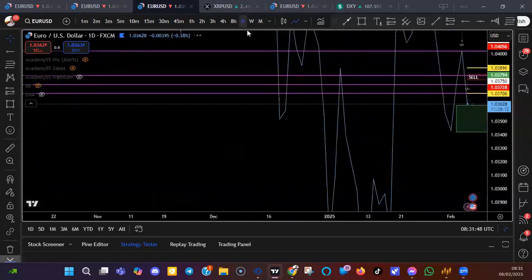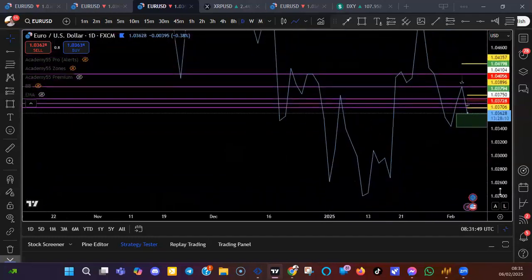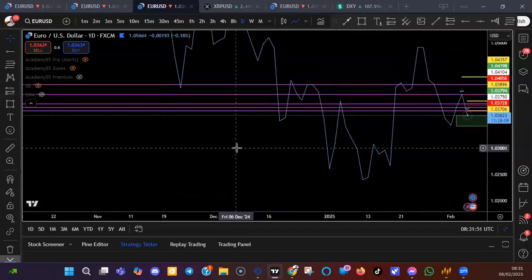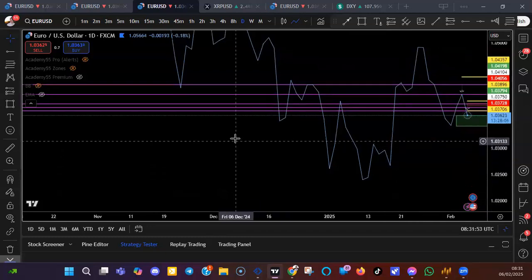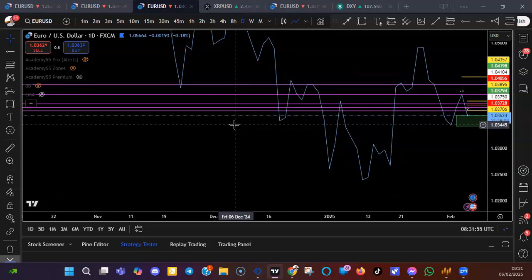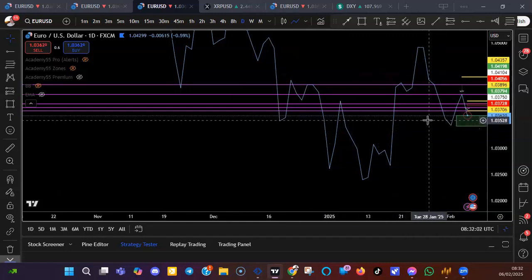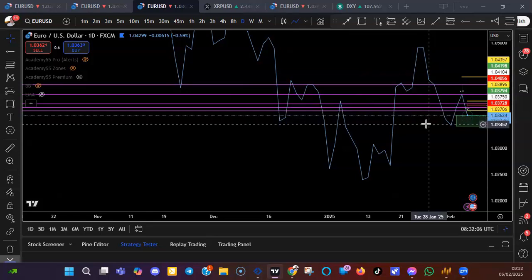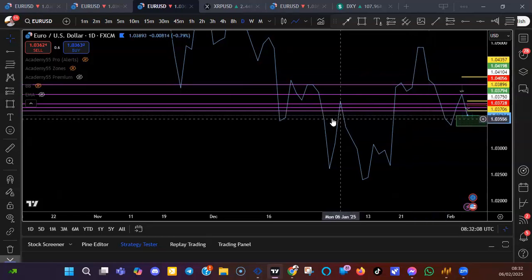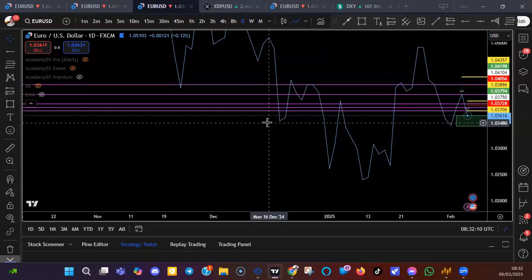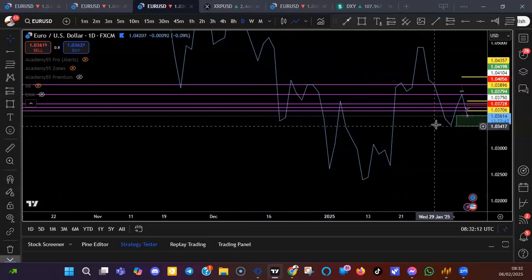I'm even going to go on the daily now. Just having a look around. Right, this area, we've got a touch there, but that's 30, 53. The 10 pip, it's a kind of important area around here.